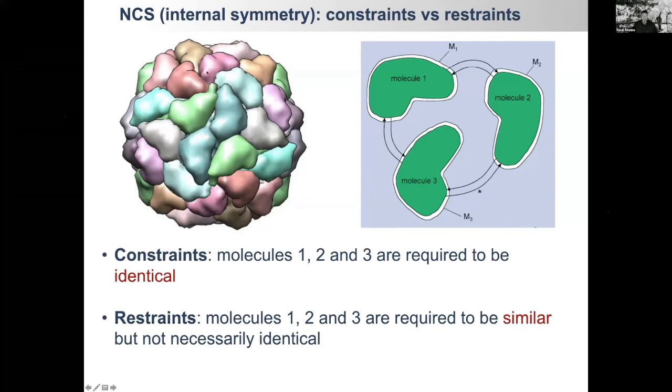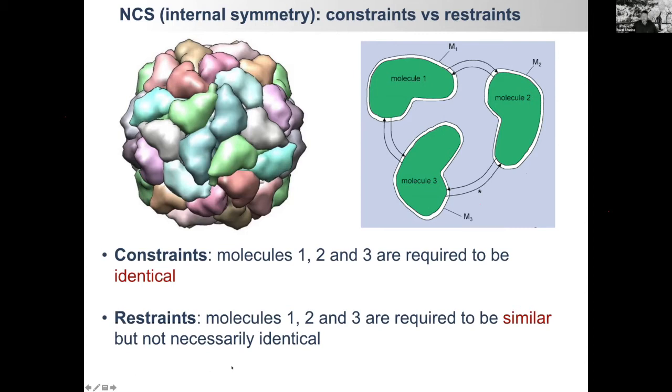If your structure has similar copies, that information can actually be used in refinement in two ways. So you can ask refinement to treat these copies as approximately similar, but not necessarily identical. And that's what we refer to as restraints.